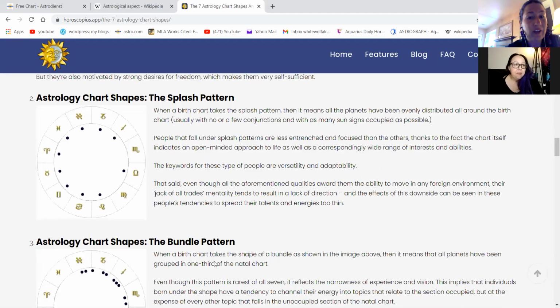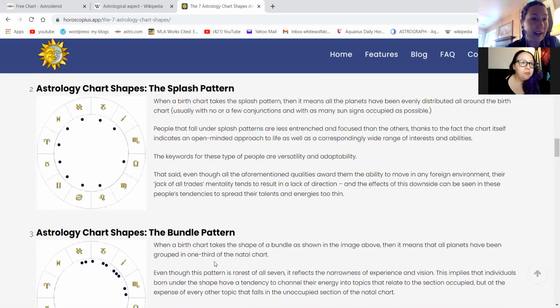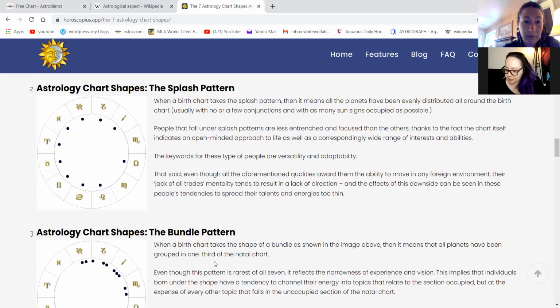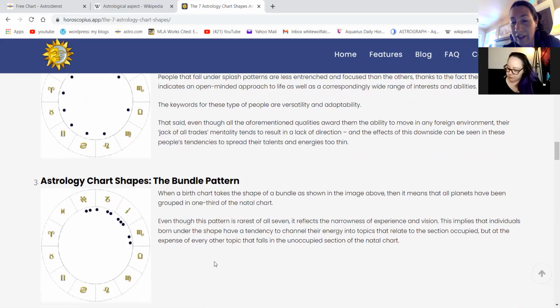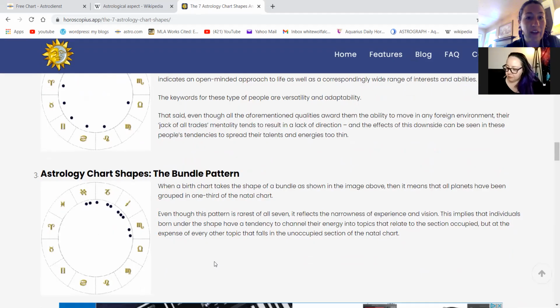The keywords for these types of people are versatility and adaptability. It literally says that even aforementioned qualities around them, the ability to move in any foreign environment, they're a jack of all trades kind of people, which tends to result in a lack of direction, and the effects of this downside can be seen in these people's tendency to spread their talents and energies too thin.